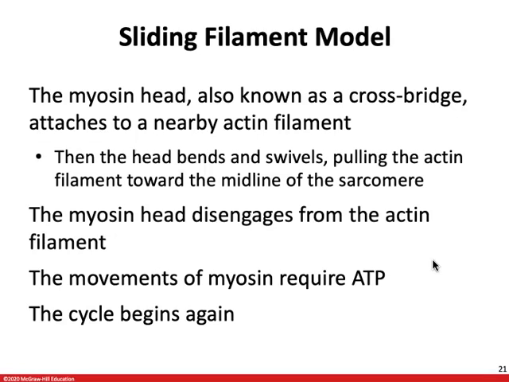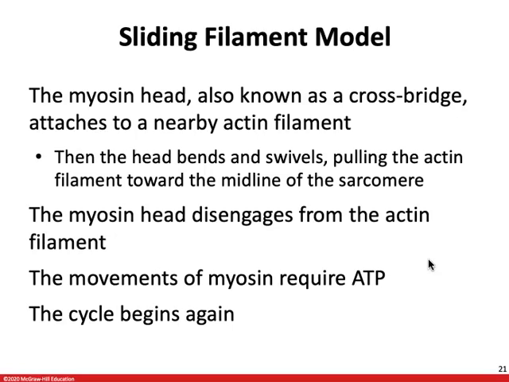The myosin head, which is located on the myosin filaments, is also known as a cross bridge. This is going to attach to an actin filament nearby. When the head bends and swivels, it's going to pull the actin filament past it. You can think of this like a line of sailors on the deck of a ship grabbing onto a rope.